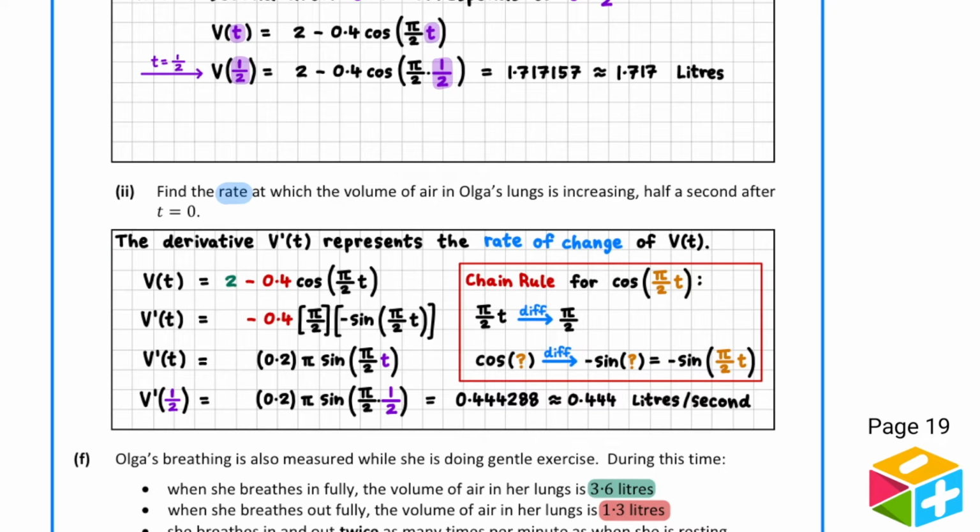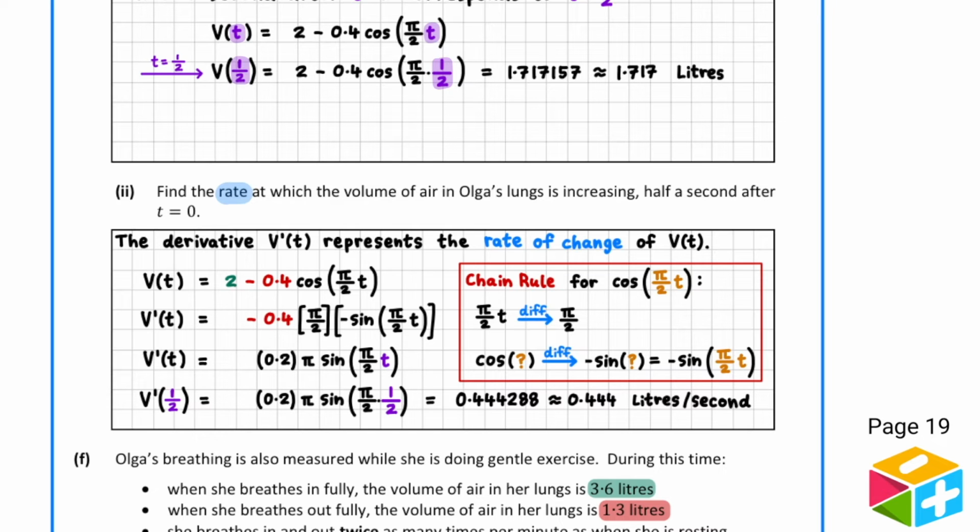Solving this question will first require us to calculate this derivative. We'll do this by differentiating our function v of t is equal to 2 minus 0.4 times the cosine of pi over 2t.